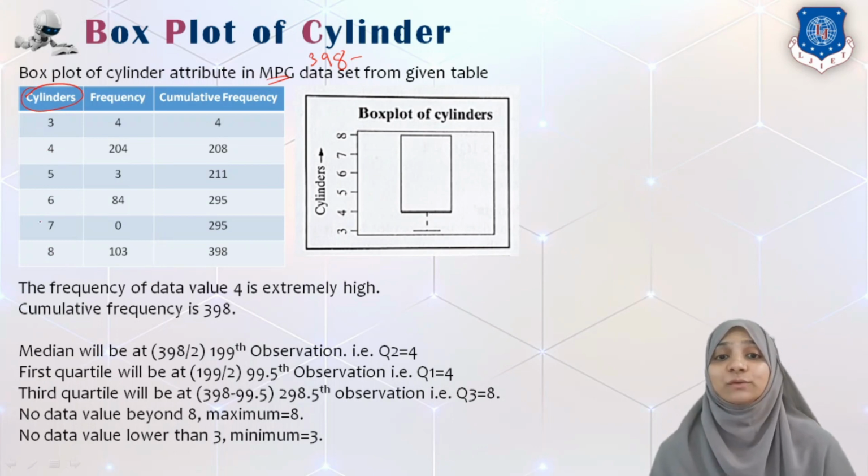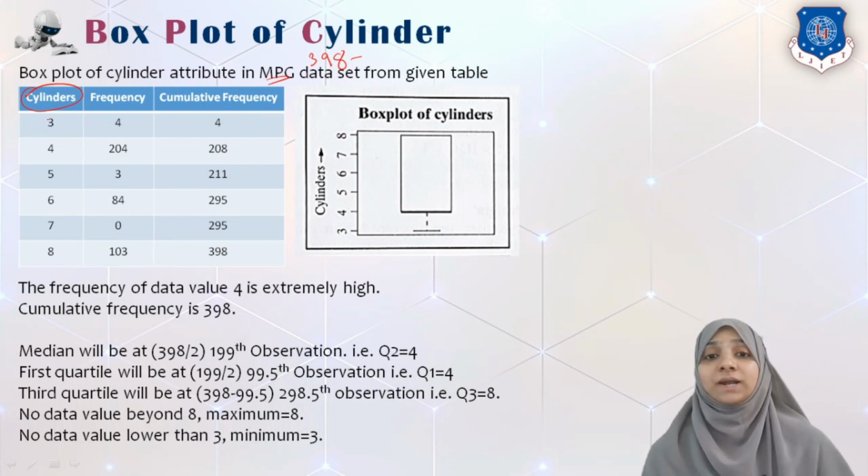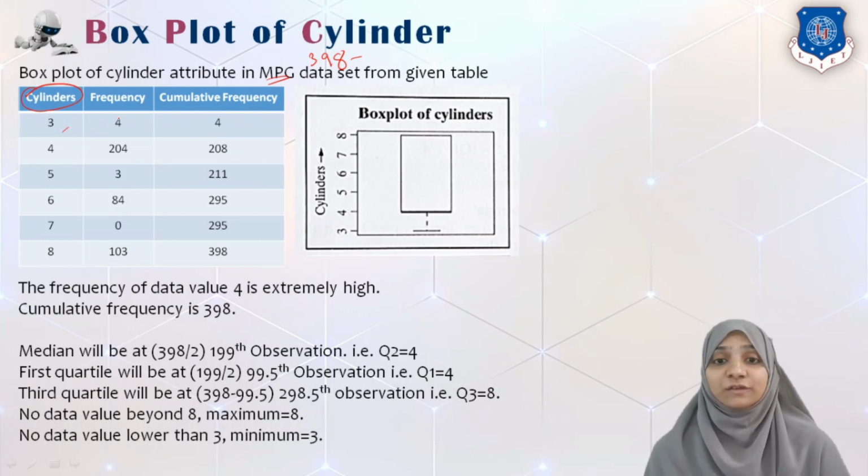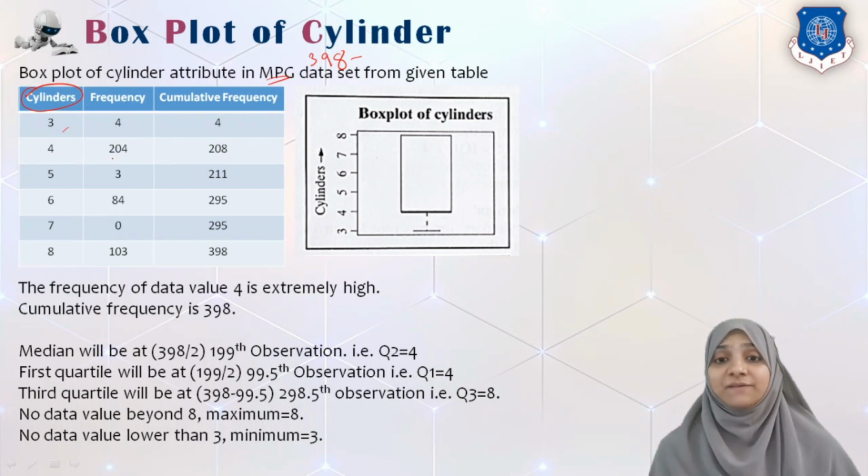These values appear multiple times, so there are in total 4 rows for which the cylinder value is 3. There are 204 data entries for which we have cylinder 4. Likewise, for cylinder 5, we have only 3 entries in the original data set, and so on.